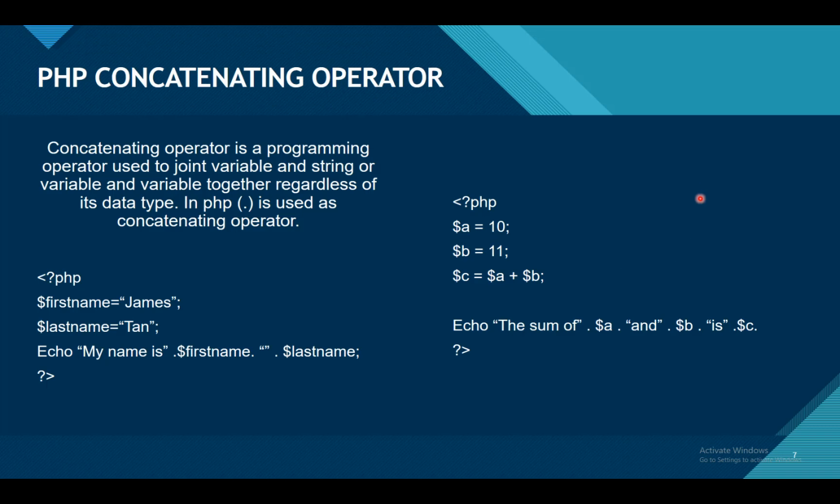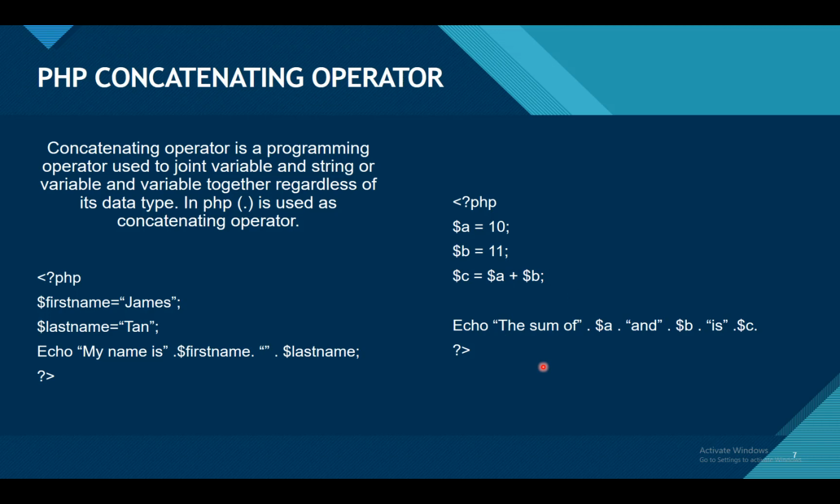Okay. And we also have a number here. So we have three variables, $A, $B, $C. The value of A is 10, B is 11, while C is $A plus $B.